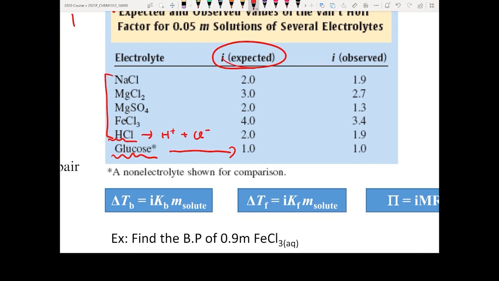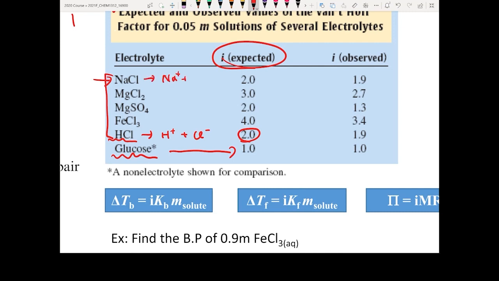So even though you just dissolve one HCl, you produce 2 charged species. That 2 is the so-called Van Hoff factor. Another example, NaCl. What is NaCl? A salt, right? It's a salt electrolyte. So what will it become once it dissolves?